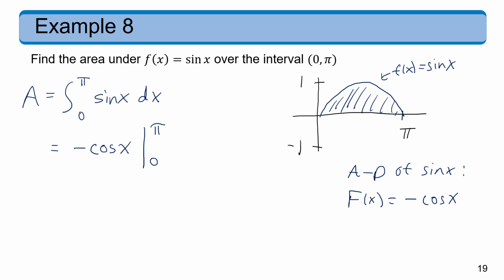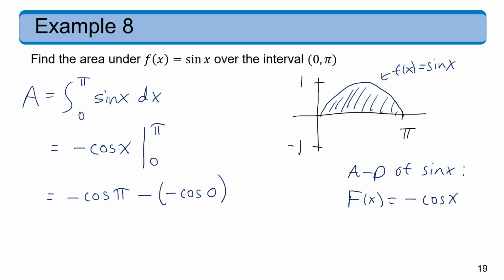And then we learned what that vertical bar notation means. It says first you plug in the top number, then you subtract, and you plug in the bottom number. Okay, so I took this function, I plugged in pi, that gave me negative cosine pi. Then I subtract. Now I take this function, which includes the negative sign, and I plug 0 in for x.